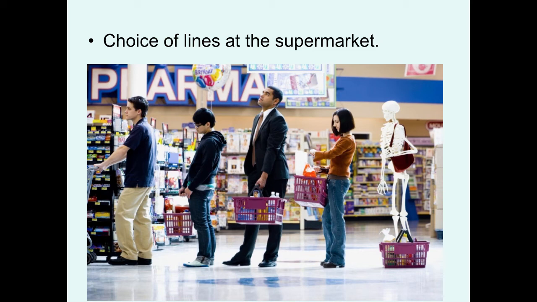You can't always tell how fast each checker is, so your knowledge of patch value may be limited. Some people are faster at checking out. Somebody who's writing a check is going to take longer than someone who's using a credit card, typically. So that's the assumption of the ideal free distribution model that's most likely to be violated.